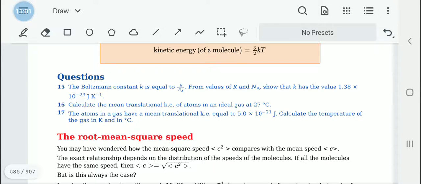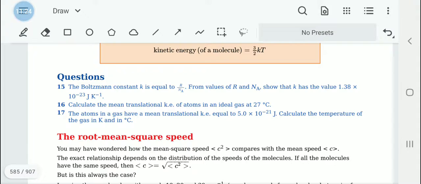From values of R and Na show that k has a value of 1.38 into 10 to the power minus 23 joules per Kelvin. So you have to remember the values of R and Na, that is the gas constant and the Avogadro's constant. When you remember these things, it is going to be really easy for you.